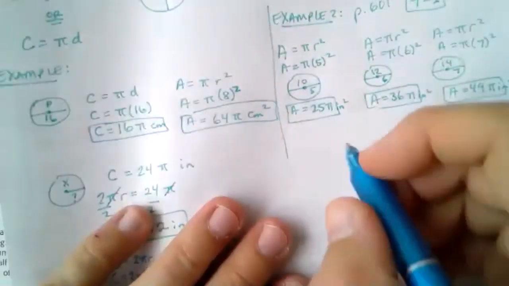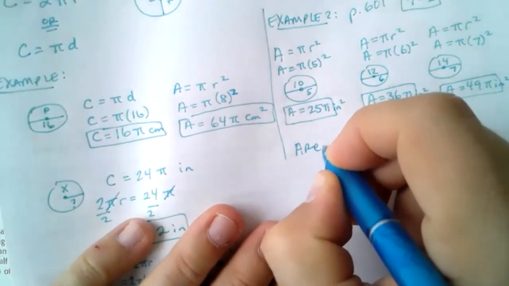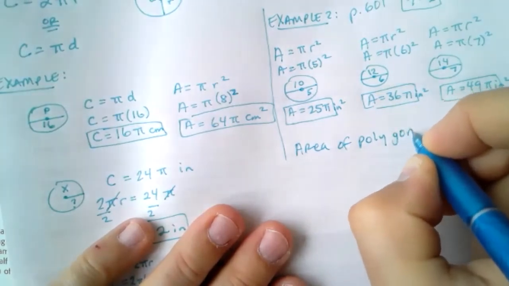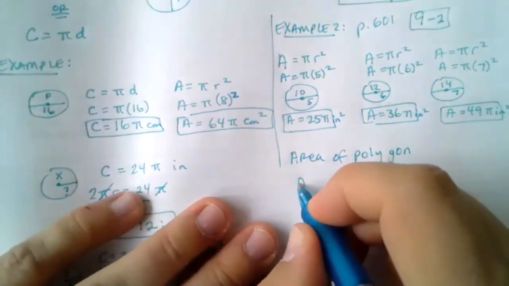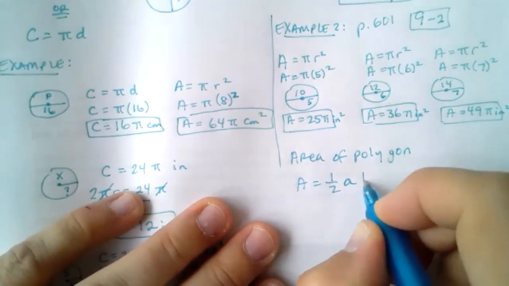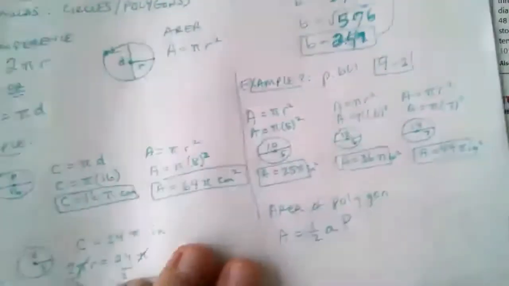So I'm going to write that down. Area of polygon. You're going to have area equals 1/2 times apothem times P, just like that. Very simple.